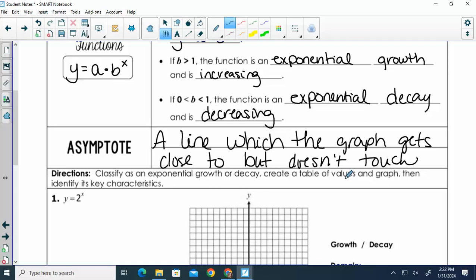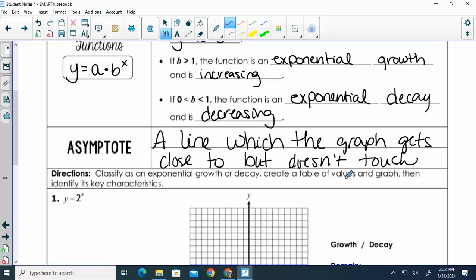Okay, so it's going to be getting closer and closer to those lines, but it won't ever actually hit the line. That's an asymptote.